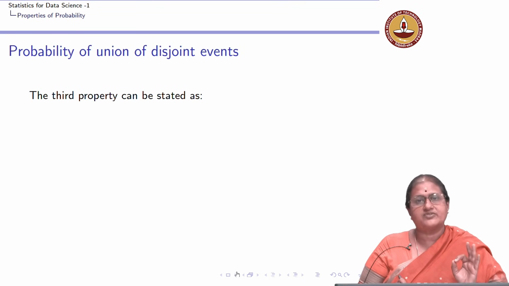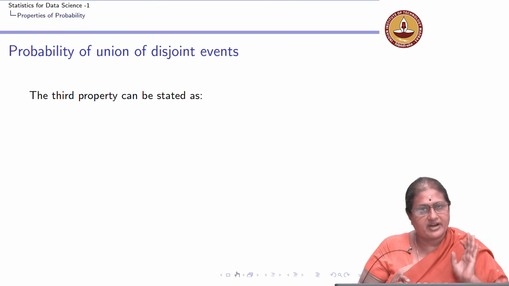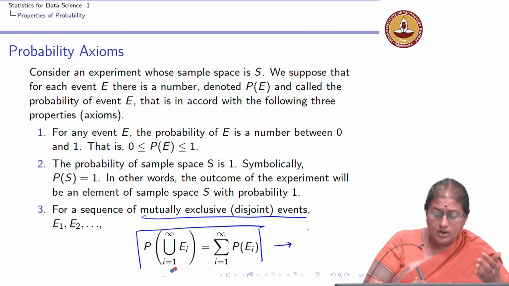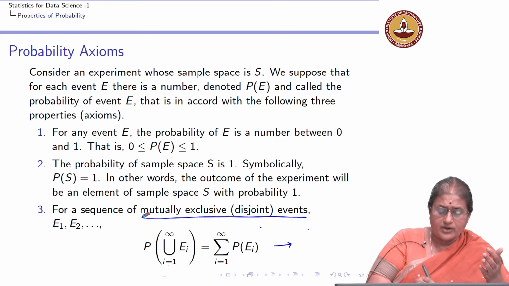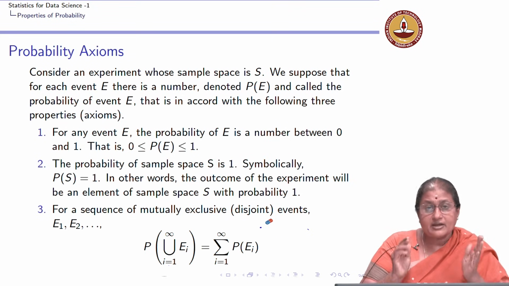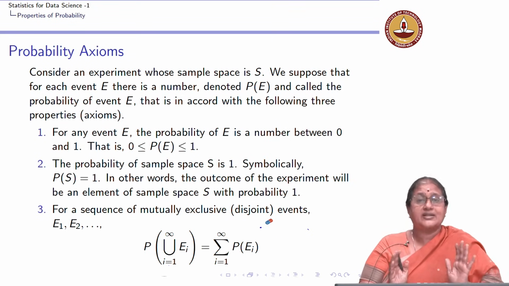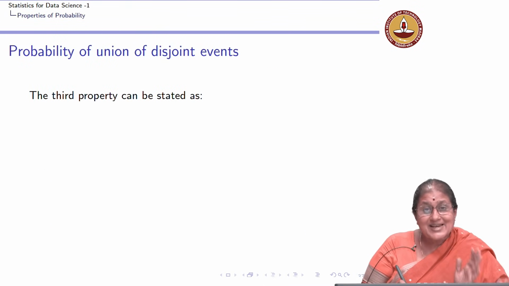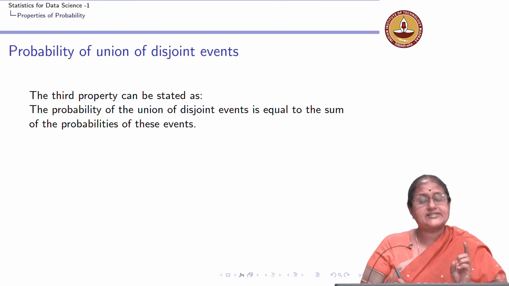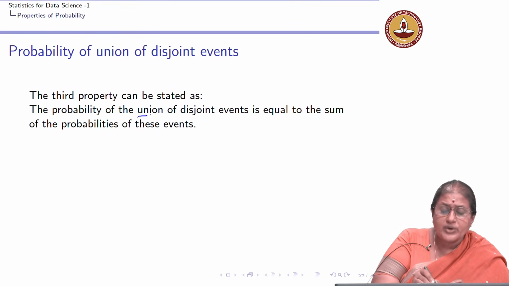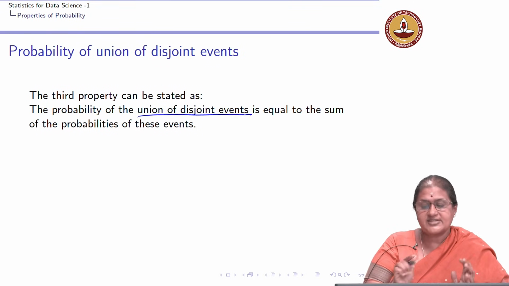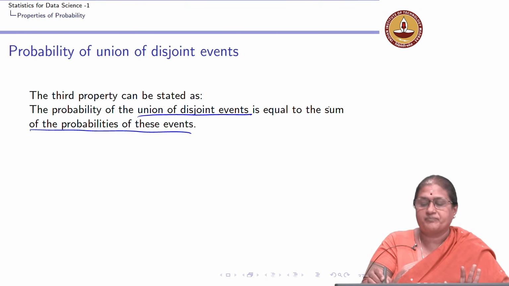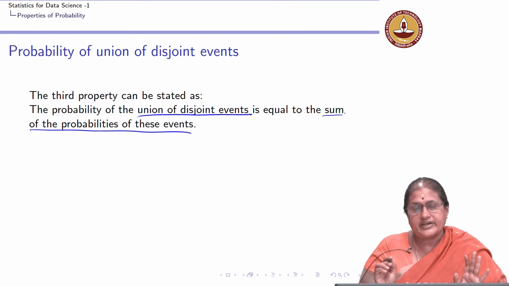For the purpose of this course, I am just going to look at the finite union, even though this applies for a larger or countable union. We are not going into the mathematical foundations of understanding that at this point of time, but for this course, I can state the third property as the probability of the union of disjoint sets is equal to the sum of probabilities. Let us look at only finite unions.